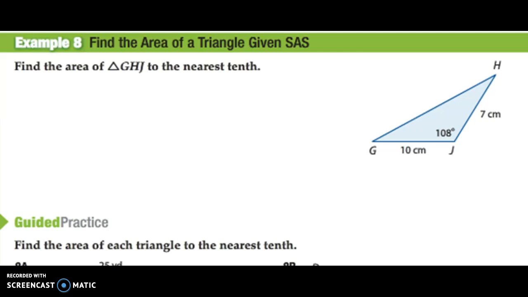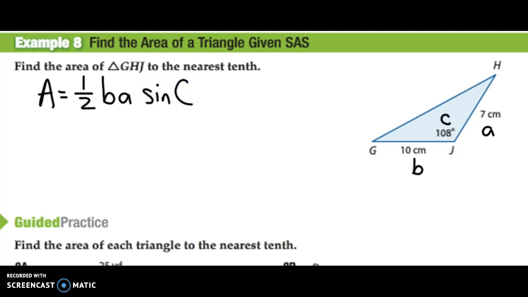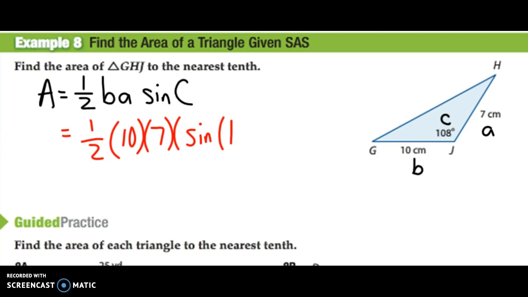It says find the area of triangle GHJ to the nearest tenth. So the nice thing is if I say that this is side A and this is side B, and we know the big angle C, we can actually use that formula right there. So the area is equal to 1/2 B times A times the sine of C. Now we can plug in the numbers that we know. 1/2 times B is 10, A is 7, and sine of 108 degrees.